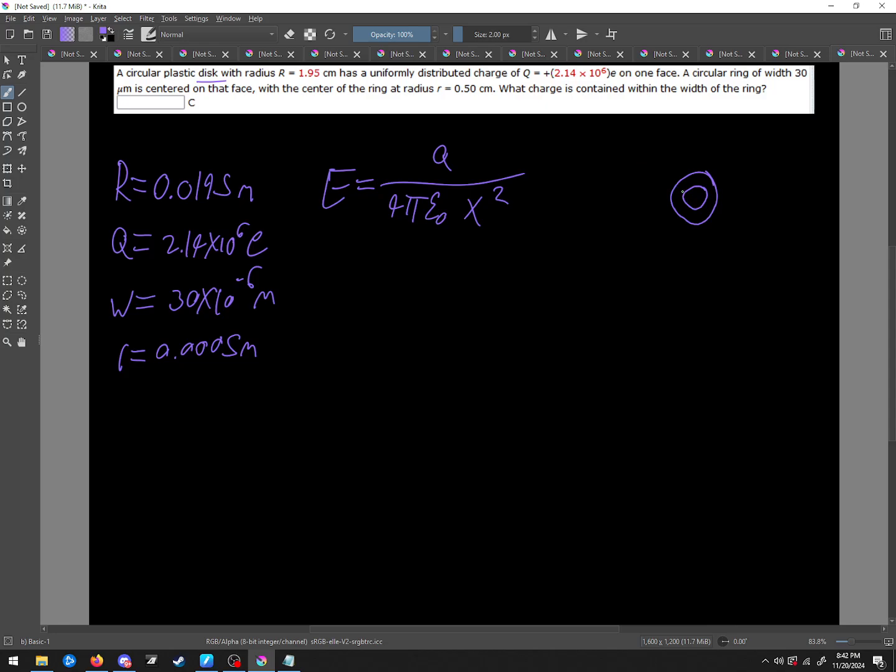Okay, I see what it is. So this has a width here. I guess we can shade that. And then this is going to be radius r. And then this here is the width w. And we're asked, what's the q on that?